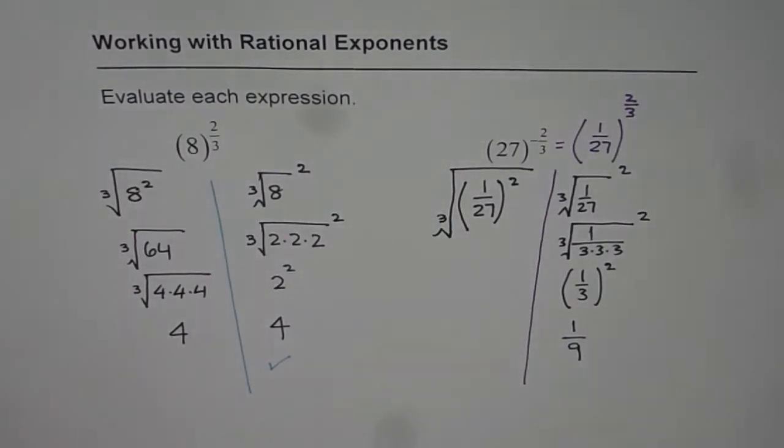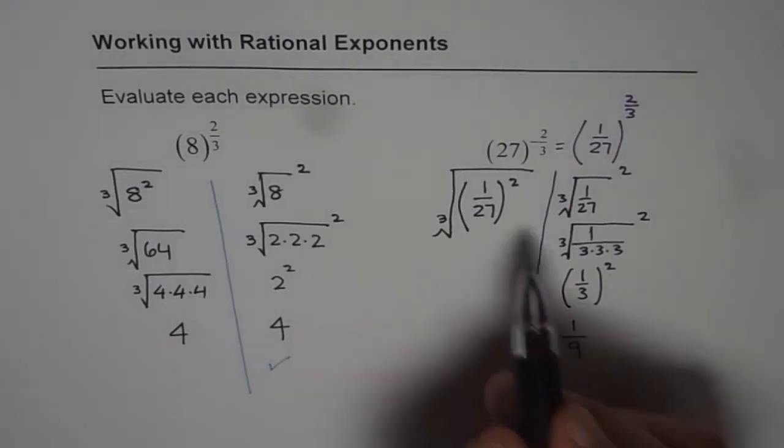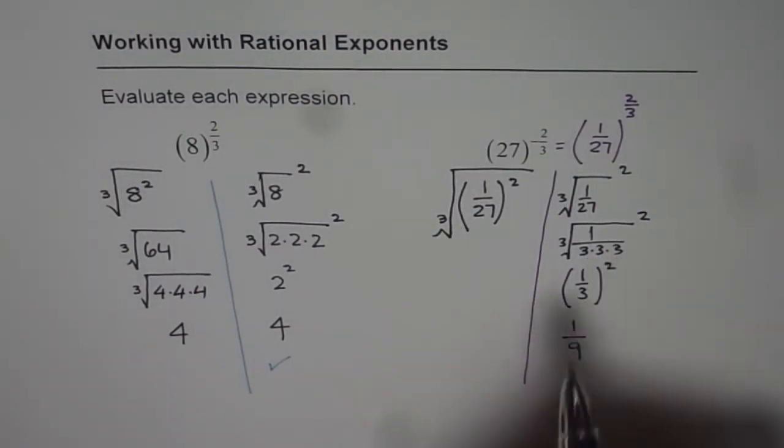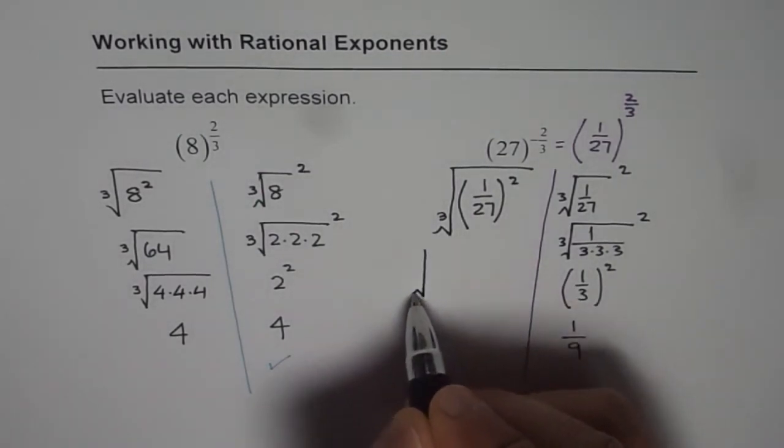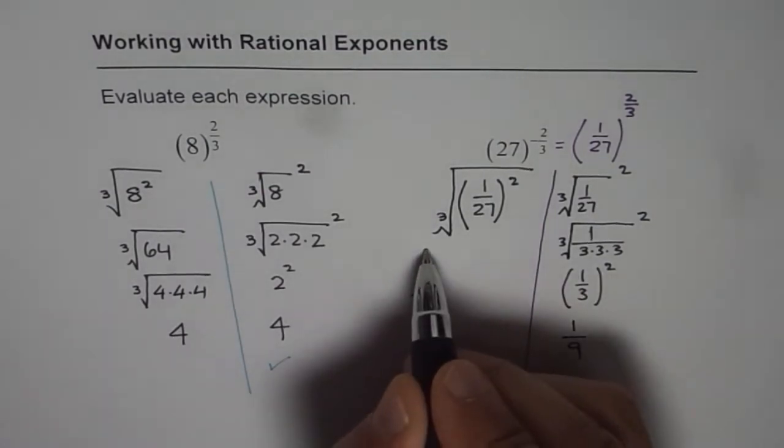To do 1 over 27 squared, we really need a calculator, right? Or we can write 27 as three 3s, so there will be six of them. Let's say we are not using a calculator at present.